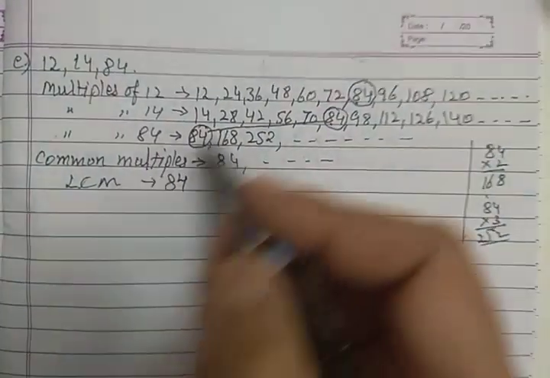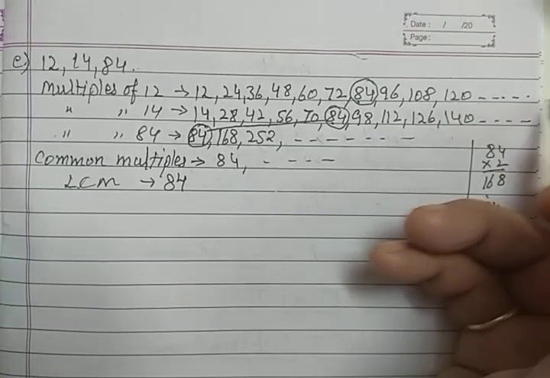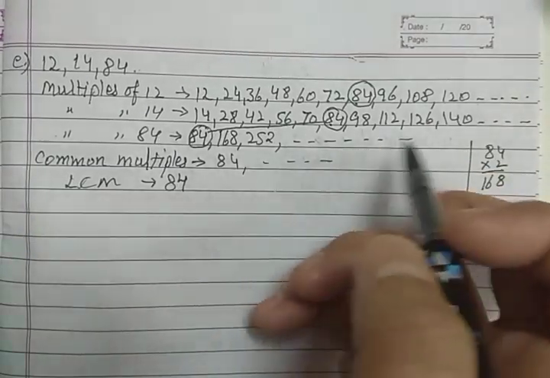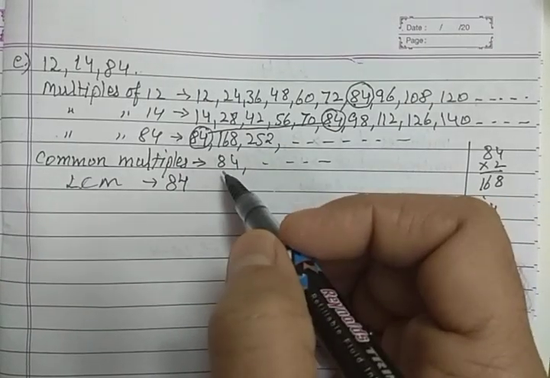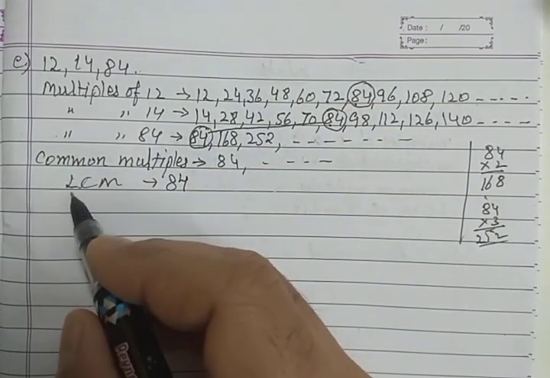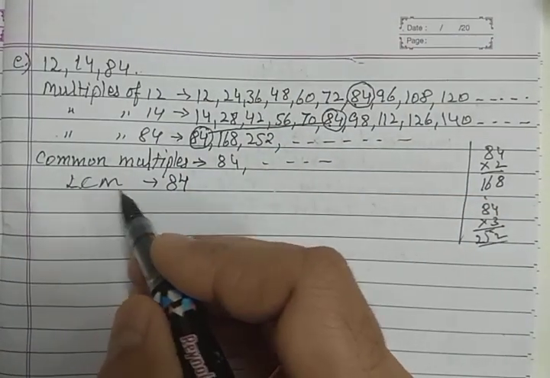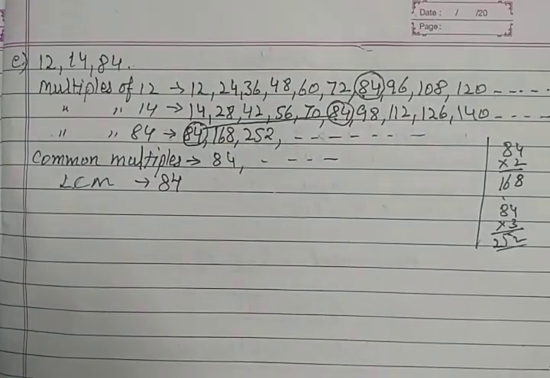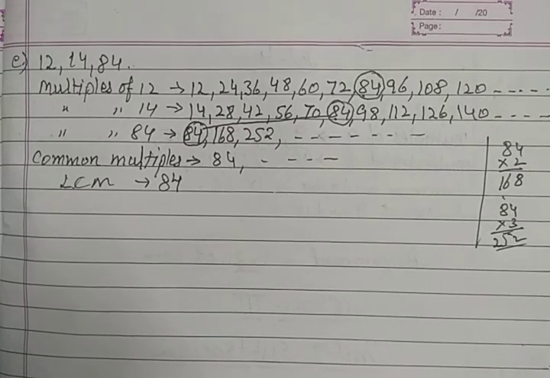If you want to find more common multiples, then you have to recite the table beyond 10. You can also find more multiples, but there is no need because we got the lowest common multiple. So here is our answer. In this way, we can find the lowest common multiples.